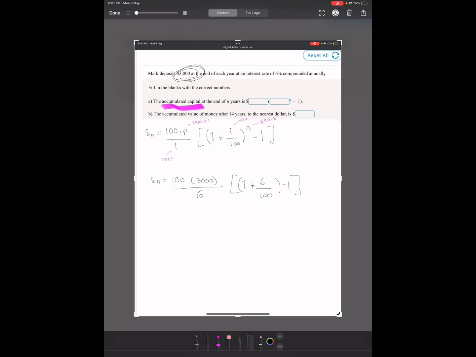Okay, so what you're gonna get here is 50,000. Bracket 1.06, if you just type this into your calculator individually. 1.06 to the power of, sorry, I forgot the n. To the power of n minus 1. That's gonna be 50,000.